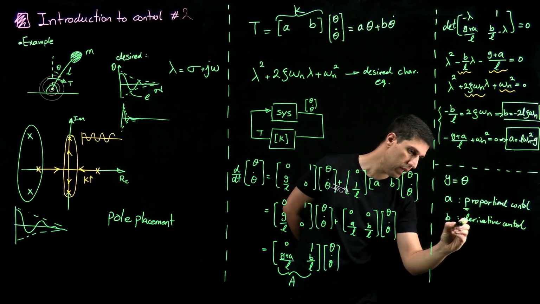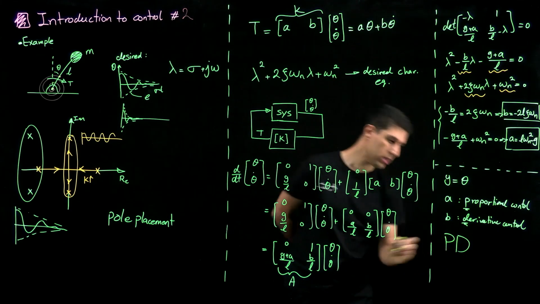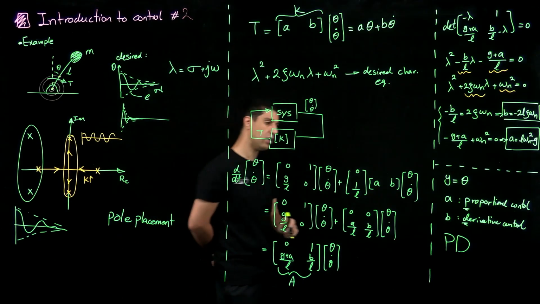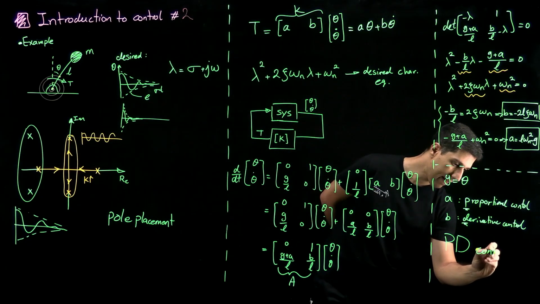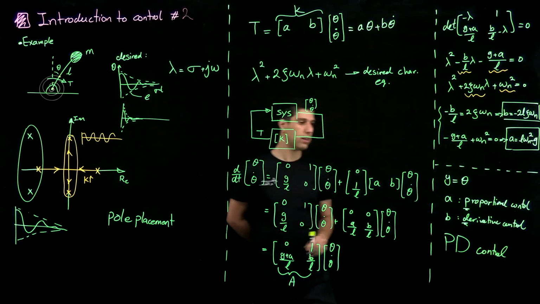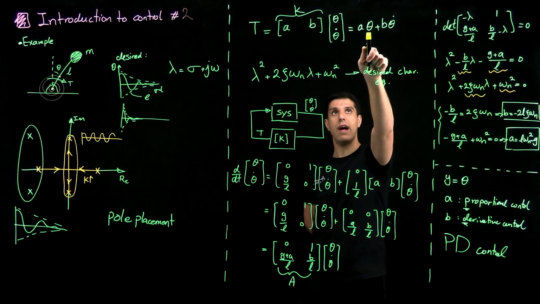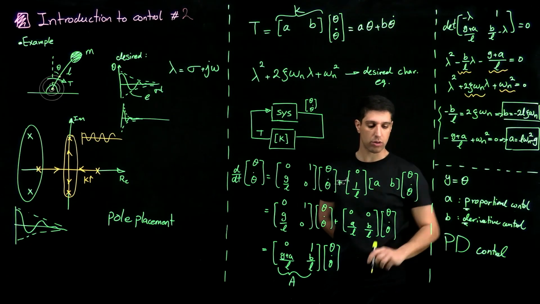and P and D, what we have constructed, is probably the most widely used controller in industry, called PD control, that acts on the value of your signal and its derivative and calculates the control output.